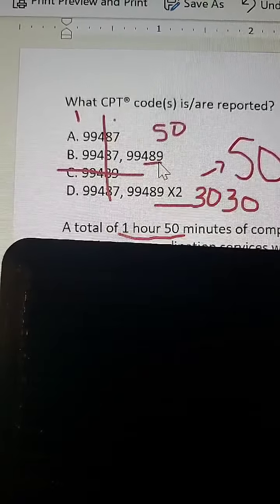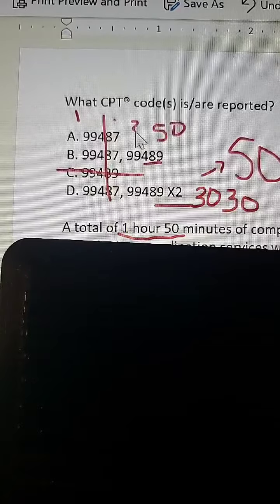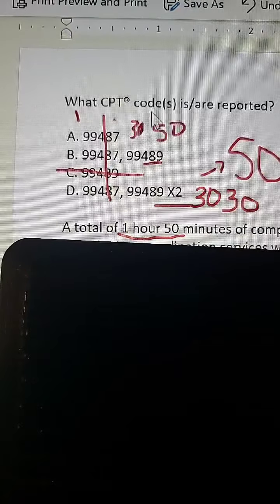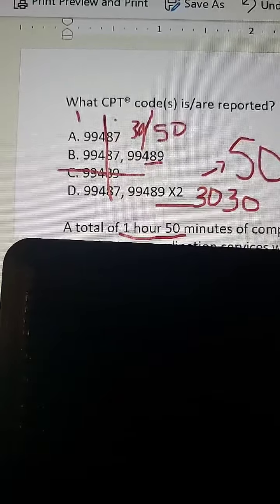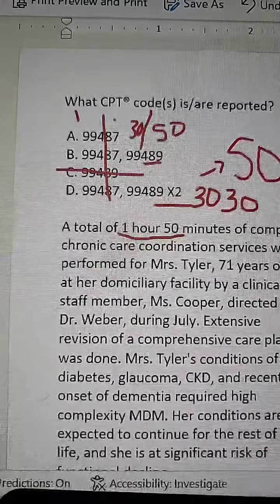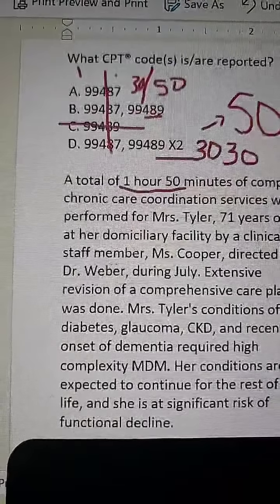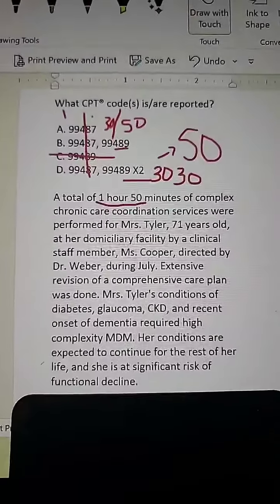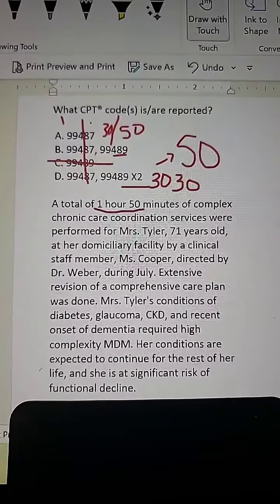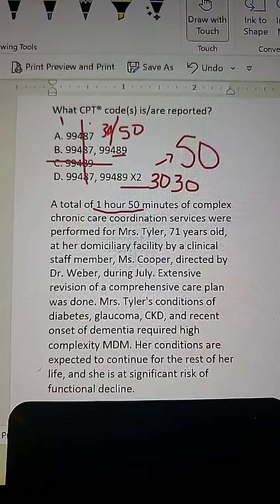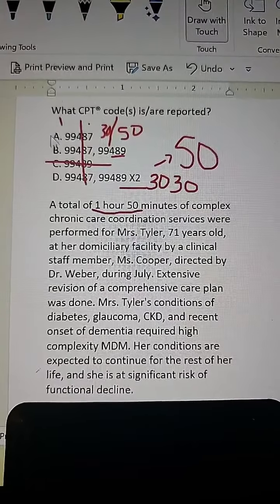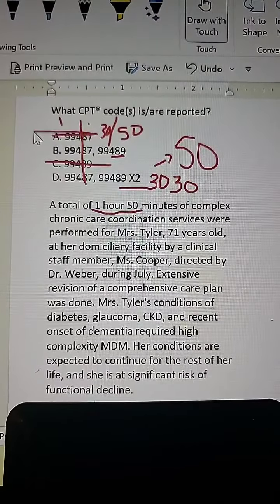Or will it only count as 30 minutes because we didn't go all the way to 60 minutes? That's what they want to know if we know our guideline attached to this one. And that's all we needed to know from that question was time. So it's got to be either B or D.